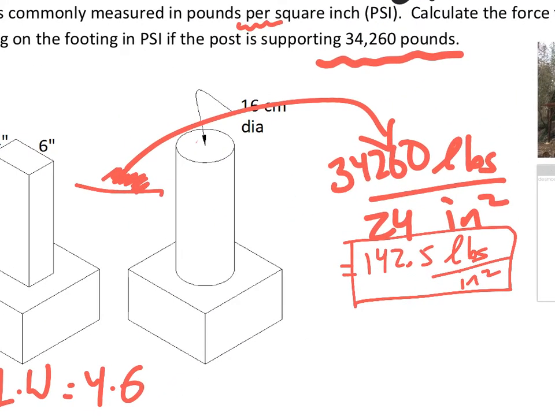Well, what if we take a round diameter that's 16 centimeters here? All right, so we have 16 centimeters. Radius here, watch out, that's diameter, so the radius is 8.